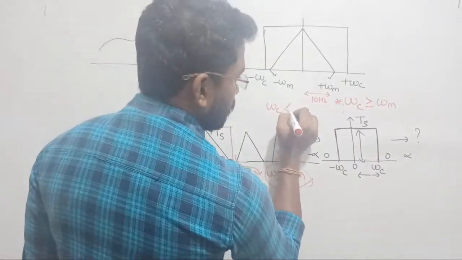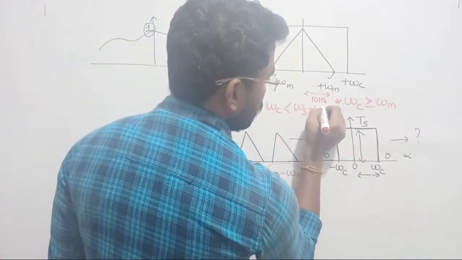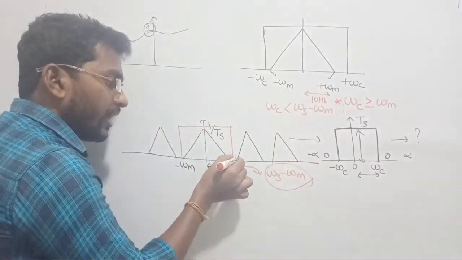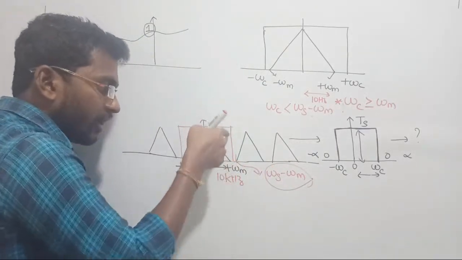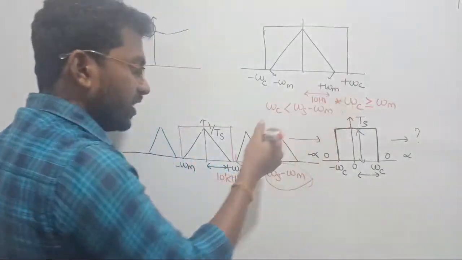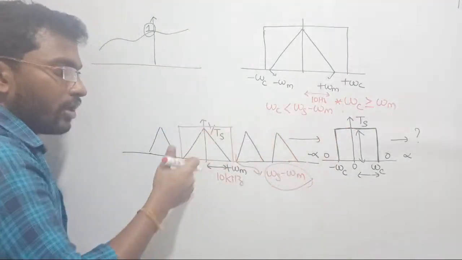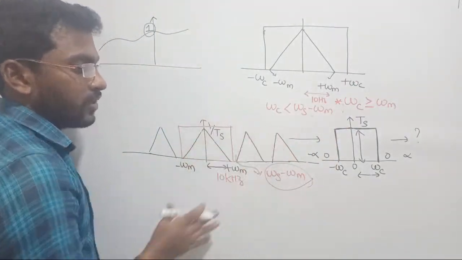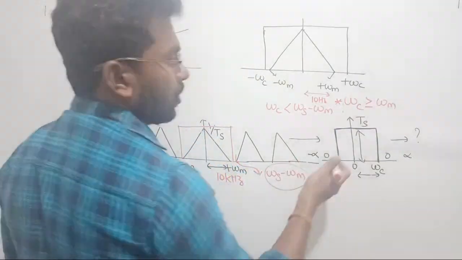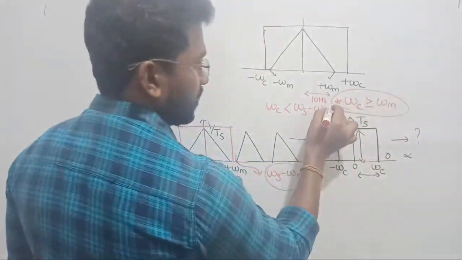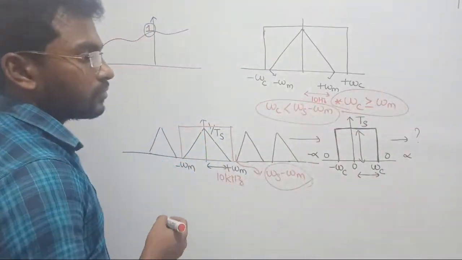One is it has to be less than the value of omega s minus omega m. ஃபில்டரோட கட் ஆஃப் frequency செகண்ட் பாக்ஸ் ஓட ஸ்டார்டிங் பாயிண்ட்டை விட கம்மியா இருக்கணும், அப்பதான் செகண்ட் பாக்ஸை டச் பண்ணாது. Two conditions are mandatorily required. This is the first condition, that is the second condition.